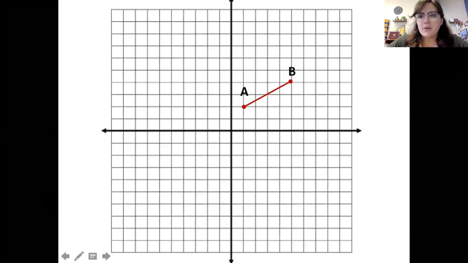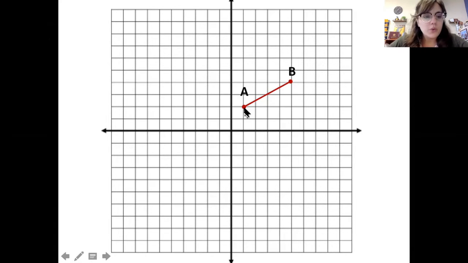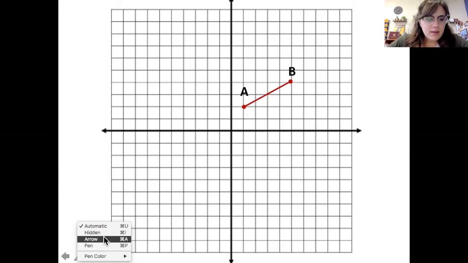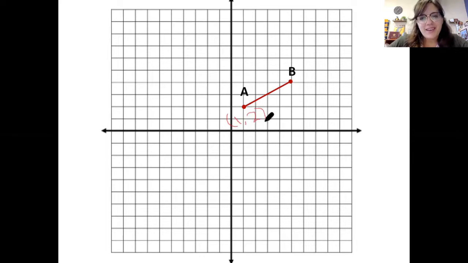All right, so here we have our first line. It looks like A is at 1, 2. I'm going to try to write it on here. I think it would be better if I had my tablet, but whatever. And B happens to be at 1, 2, 3, 4, 5. 1, 2, 3, 4.